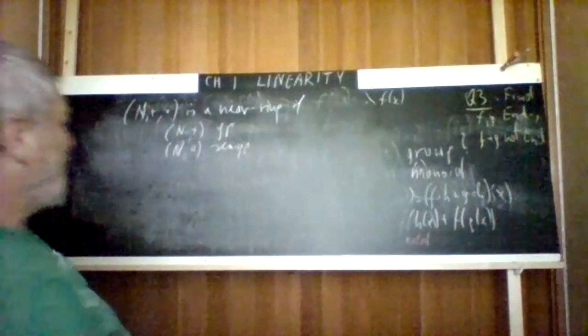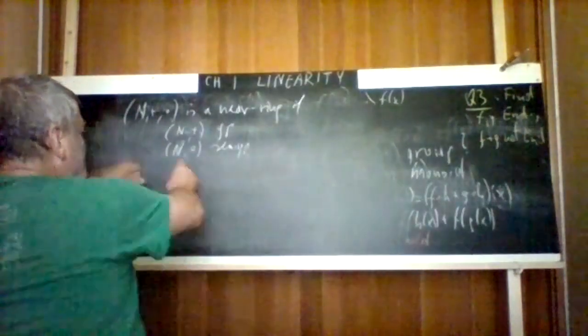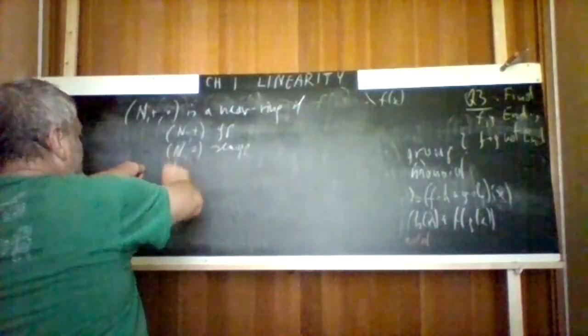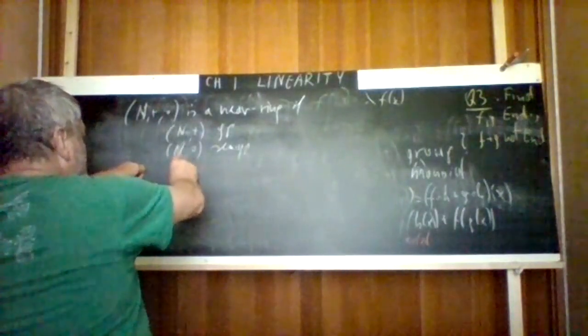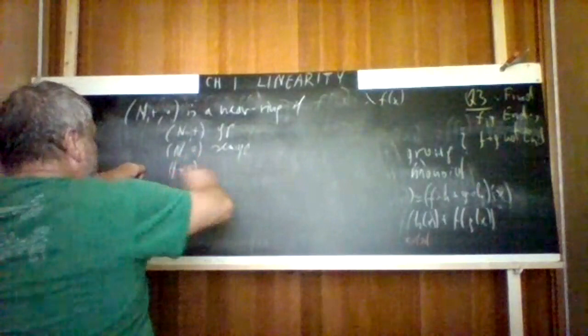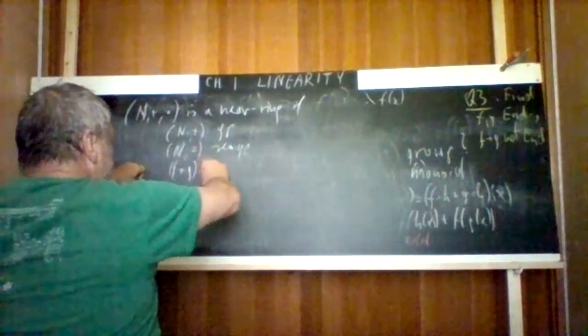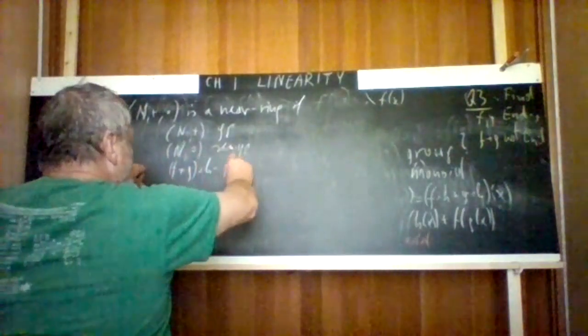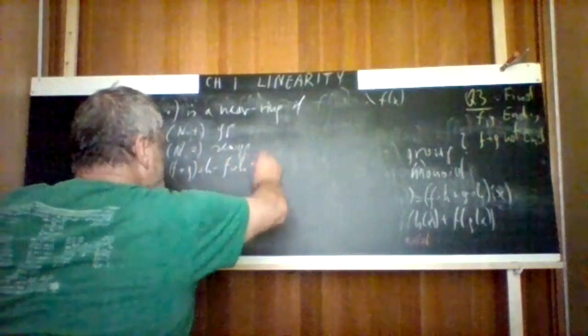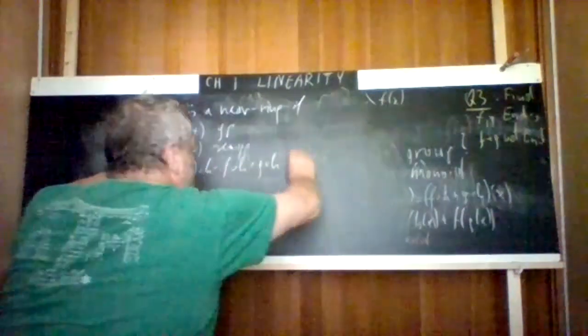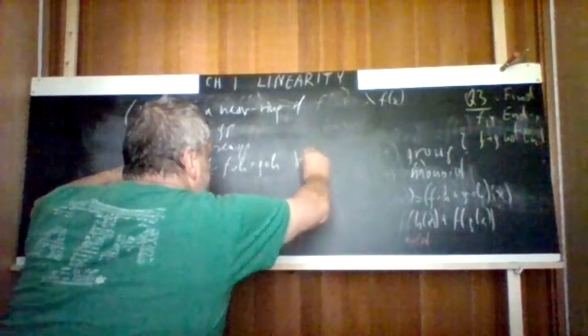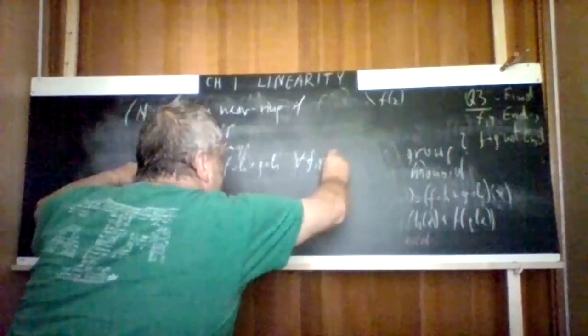And we have just one distributive law: F plus G composed with H is F composed with H plus G composed with H, for all F, G, H in N.